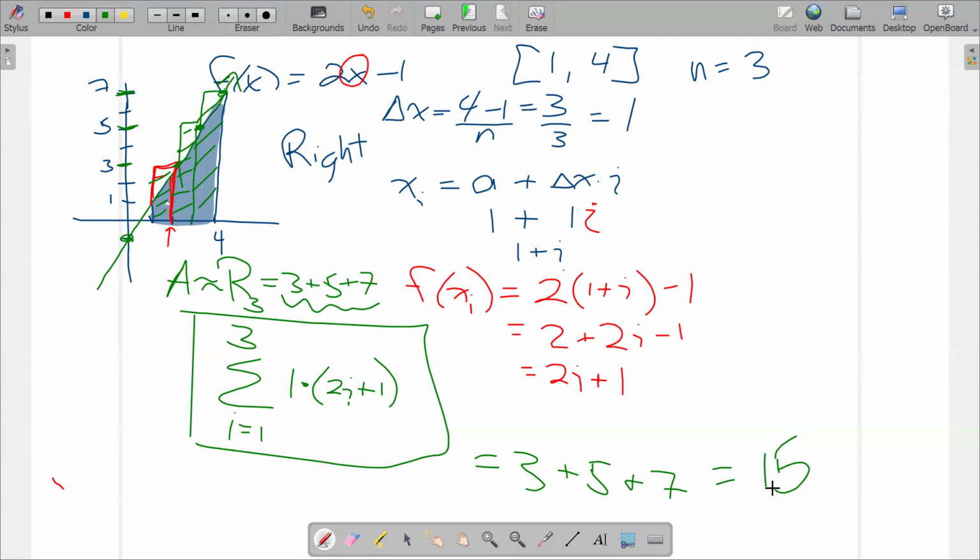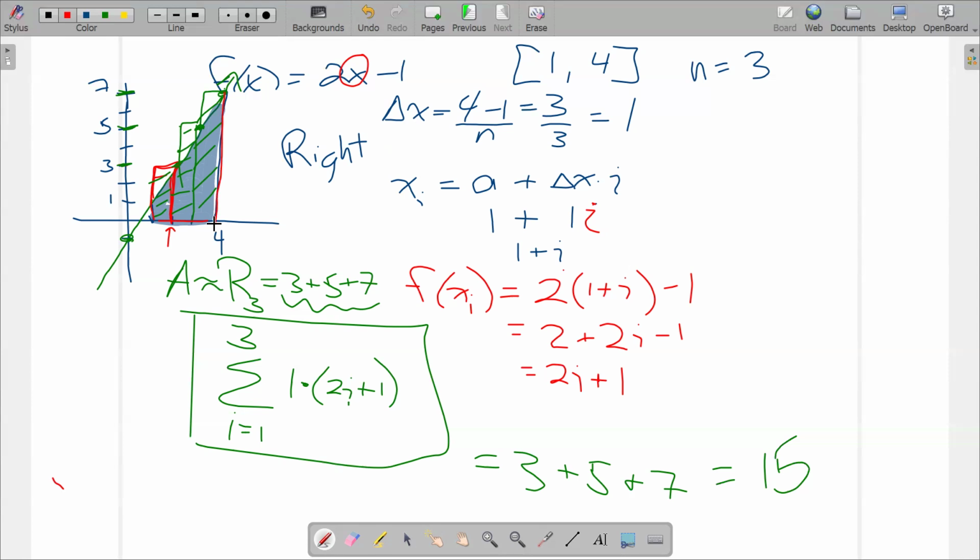And the trapezoid, if I look at it sideways, has a height of 3 and bases of 1 and 7. And so for trapezoids, you average the bases. Right? So that would give me 7 plus 1 is 8. Average 8, you get 4. 4 times 4 is 16. Should be the actual area.